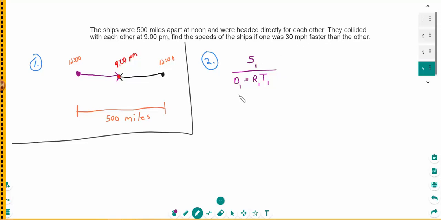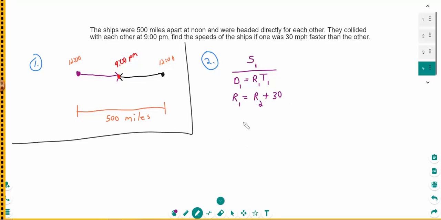Then the rate of ship number 1, because he's 30 miles per hour faster than the other one, is the rate of ship number 2 plus an additional 30 miles per hour. All right, so that is the rate of ship number 1.